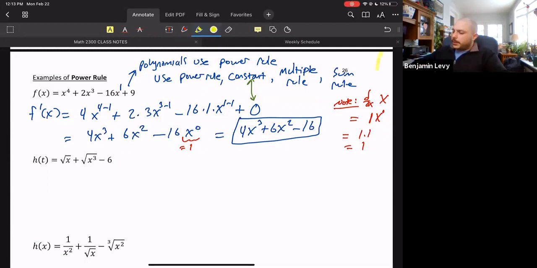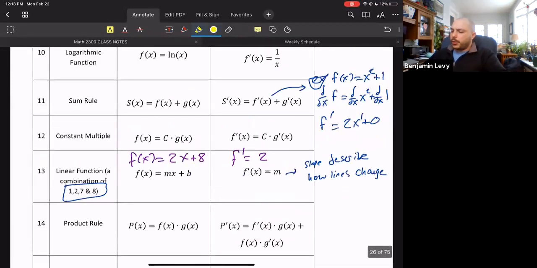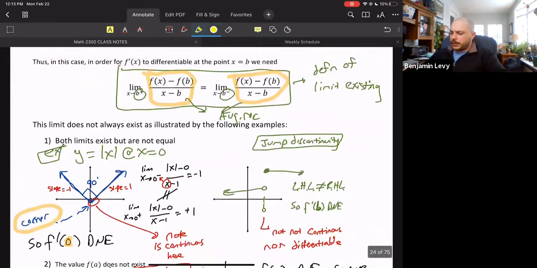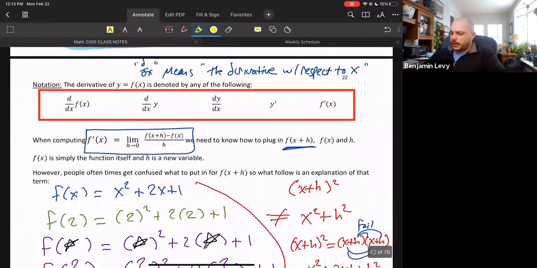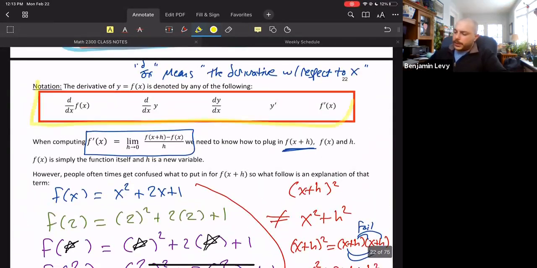And is everyone okay with this notation? This d over dx? I mentioned it last class, but I haven't mentioned it again. Maybe I'll slide up and point out where that says it. It says it right here, all the different ways that we can say take the derivative. And one of them is d over dx. D over dx means take the derivative with respect to x.